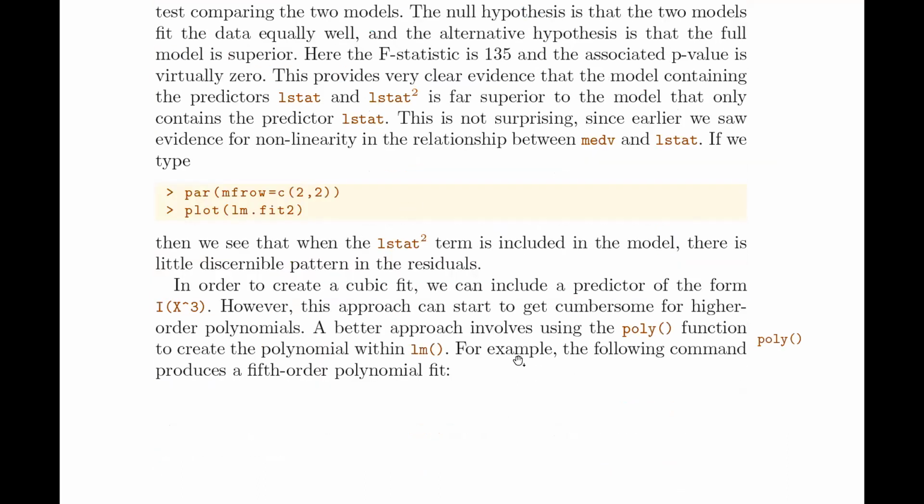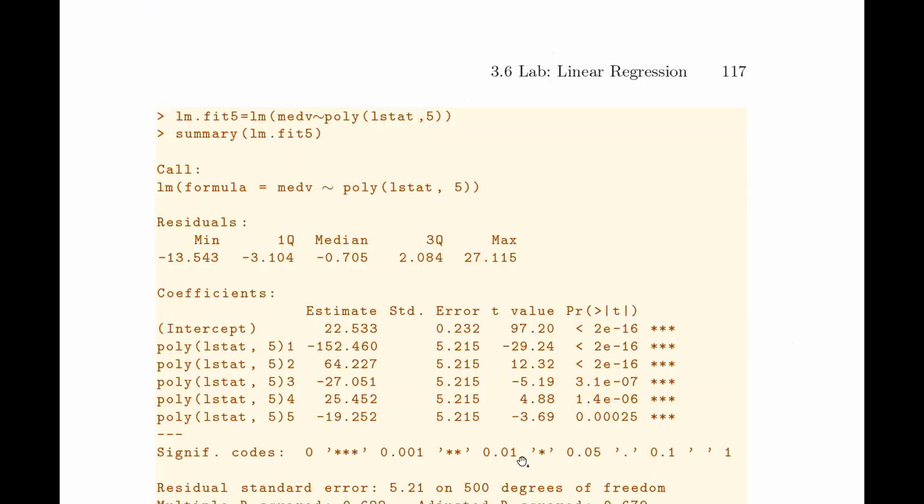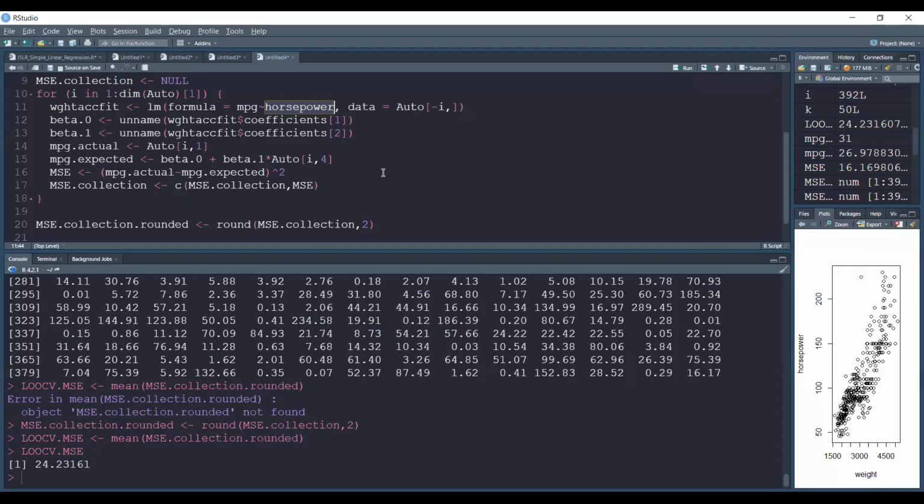A better approach involves using the poly function to create a polynomial within LM. For instance, the following command produces a fifth order polynomial fit. Now, that gives me an idea. I'm not necessarily saying we're doing it, but you could have a loop within a loop.